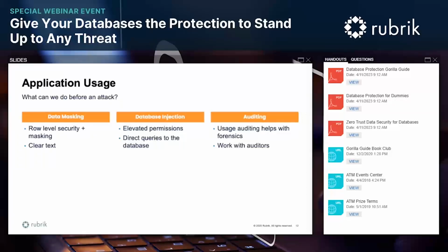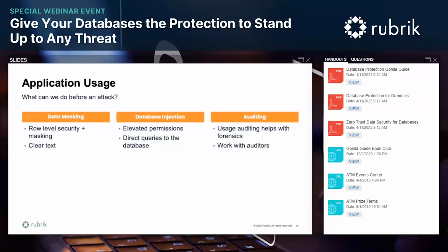Next application consideration is database or SQL injection. So think about the accounts that the applications use to access the system. Are they service accounts? Do they have elevated permissions? It shouldn't be any different than the concept of least privilege that you're using for your standard users. Then ultimately, how does the application actually access the data in the database?